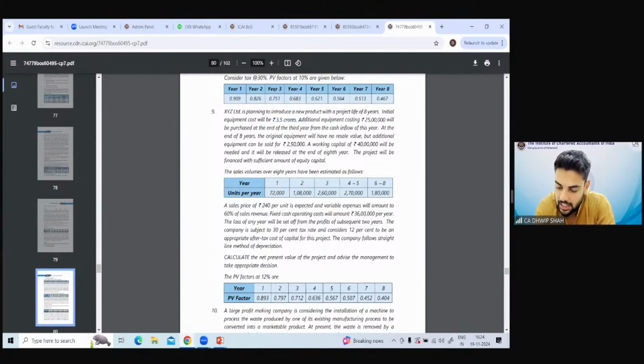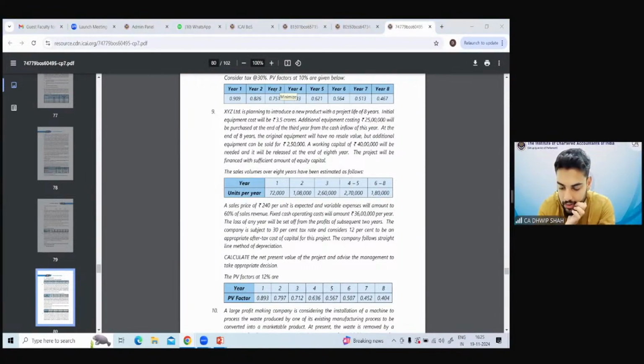But the additional equipment can be sold for 250. So again, we will take the scrap value and discount it. Simple as that. A working capital of 40 lakh will be needed and it will be released at the end of 8th year. So here the unique point is on working capital.